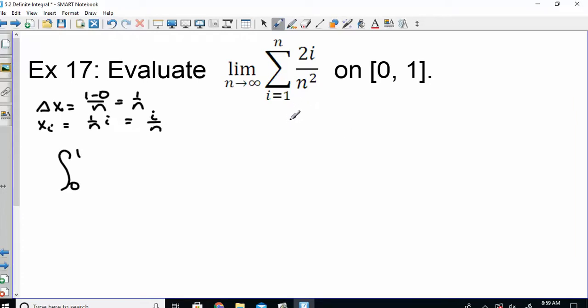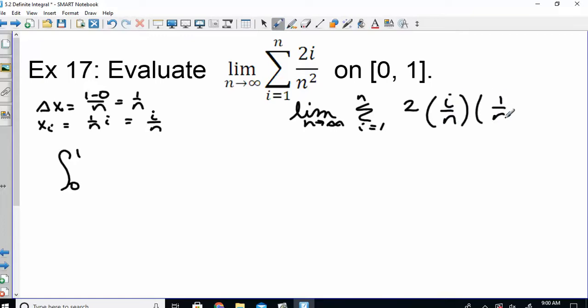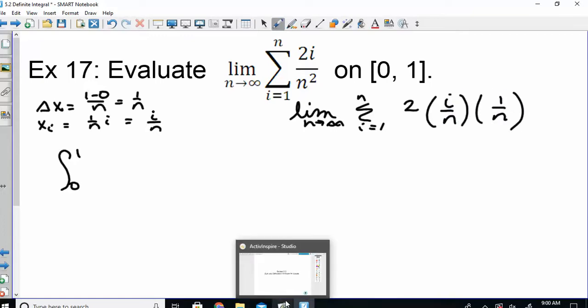So if we think about what we have here, we have a 2, i over n squared. I could separate that into an i over n and a 1 over n.